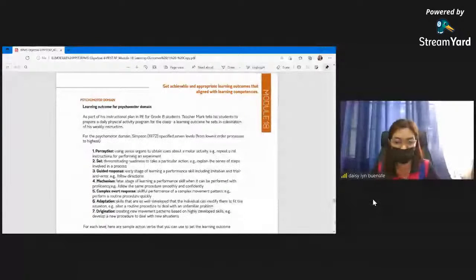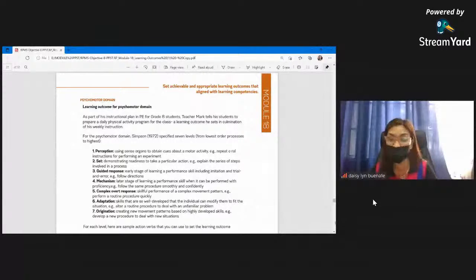Then number seven, origination, creating new patterns based on highly developed skills. So there is origination, where they create their own psychomotor movements.